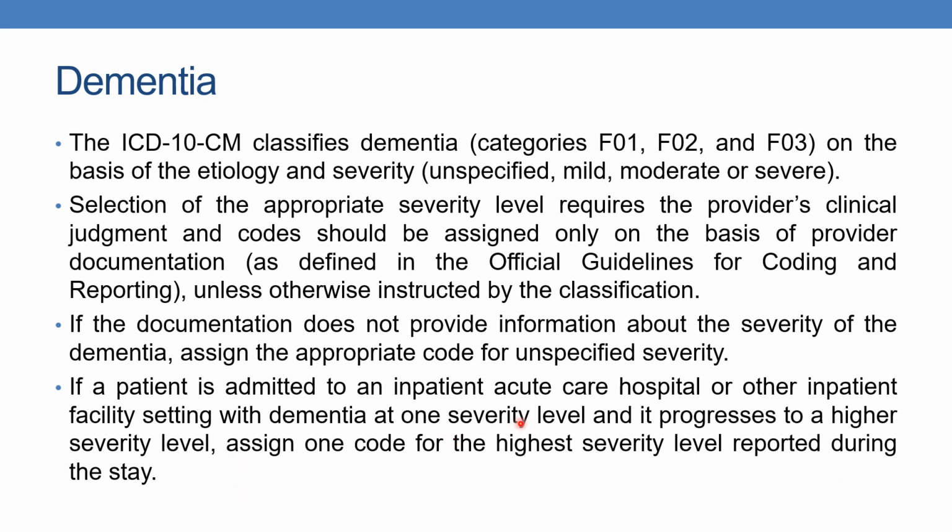For example, if he is admitted with mild dementia and it progresses to moderate, then you need to code moderate dementia only. You need to code the highest severity level reported during the stay.